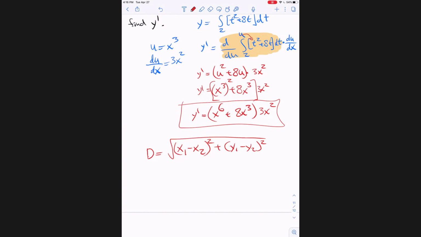Let's say the difference is 5. If you switch the subtraction, you'll get negative 5. But at the end of the day, it doesn't matter because you're squaring it. A way to remember it is the Pythagorean theorem, but you get to use a page of notes.